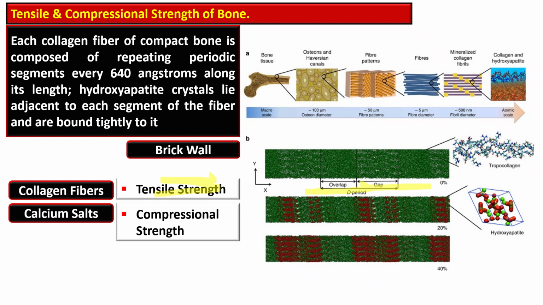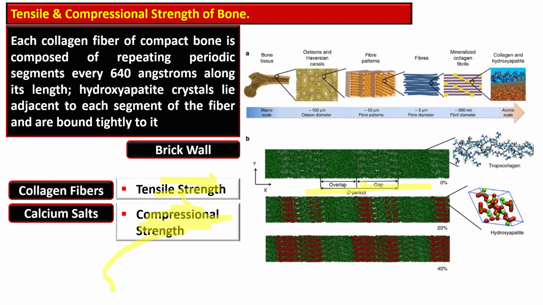Then there is compressional strength that is given from the calcium salts. Compressional strength is resistance to crushing forces. It is mainly provided by hydroxyapatite, and these mineral salts are hard and dense, ideal for bearing weight.